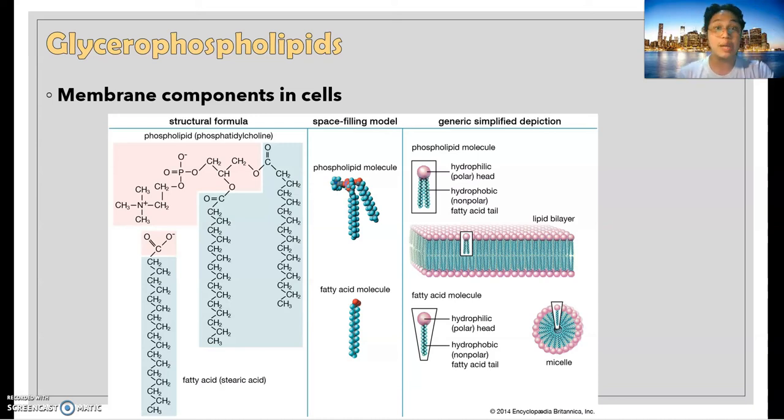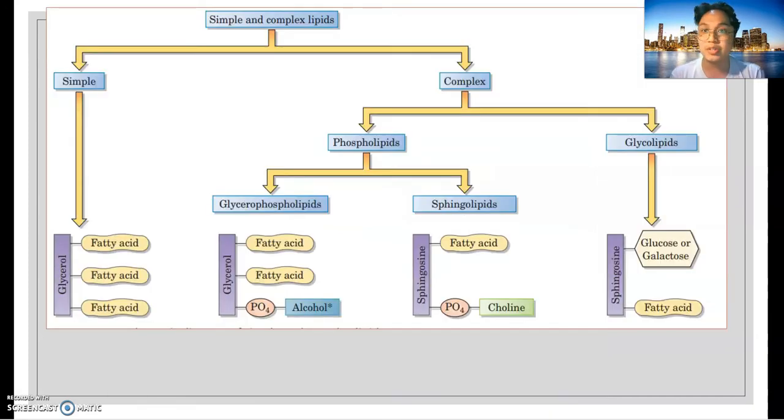That phospholipid bilayer will be the main component of your cell membrane. We will come back to that later. Now we're done with the glycerophospholipid with the glycerol backbone.